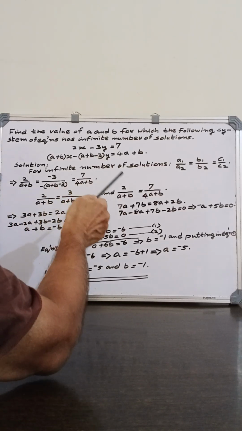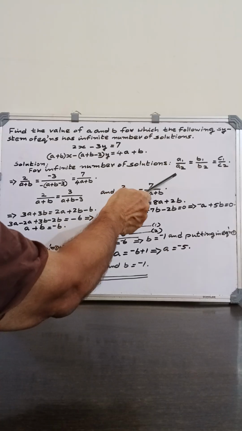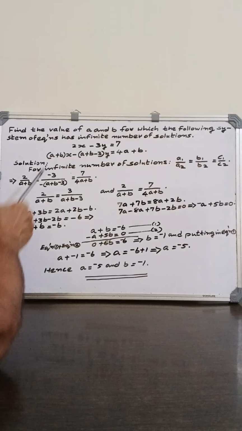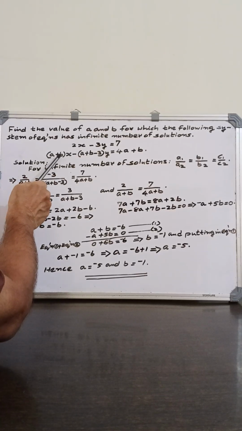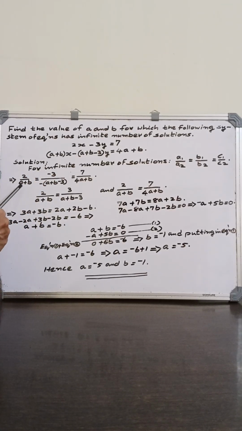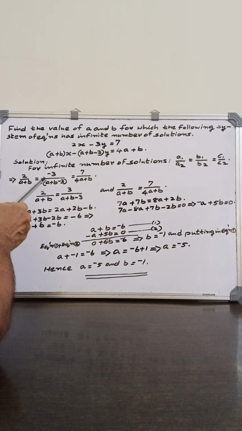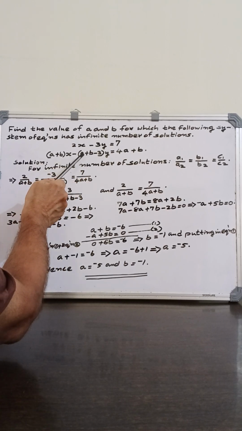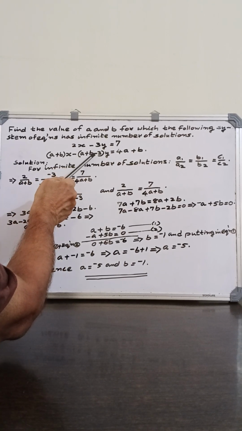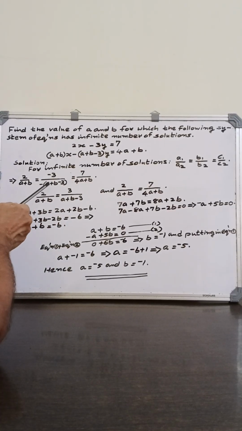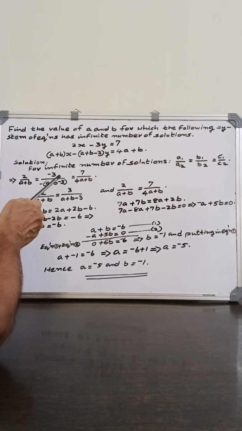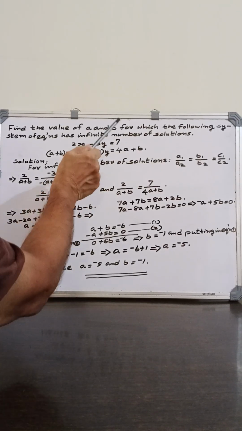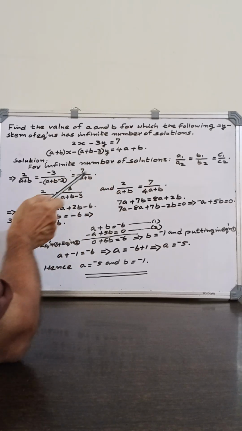Therefore, for infinite number of solutions, the condition is that A1 by A2 equals B1 by B2 equals C1 by C2. That is 2 by a plus b equals minus 3 by minus of a plus b minus 3 equals C1 by C2, where C1 is positive 7 and C2 equals 4a plus b.